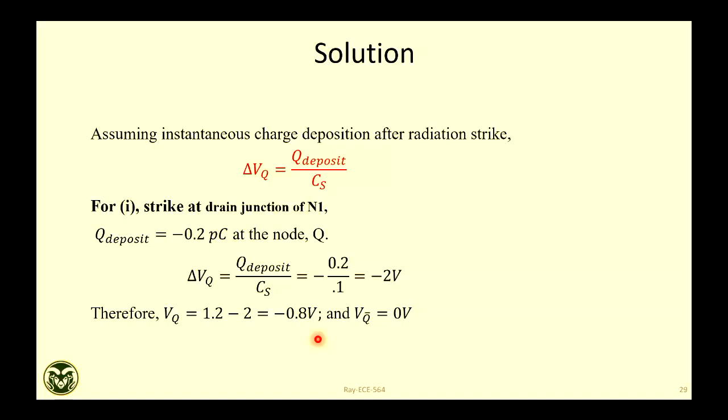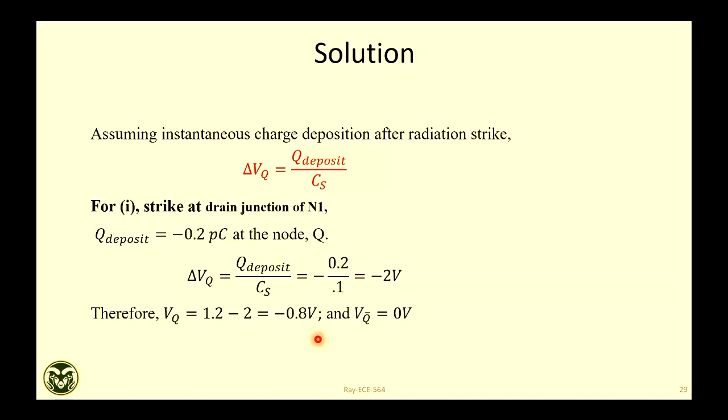After strike, what are the voltages? Q bar doesn't change, that's correct, so that will remain 0 volt. Q will become -0.8 volt.